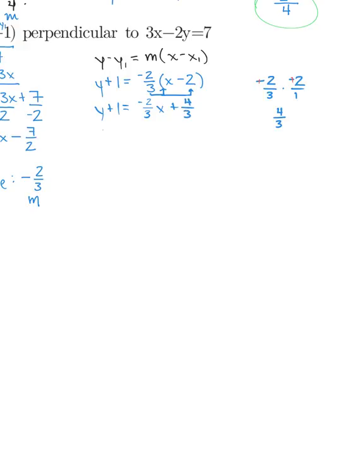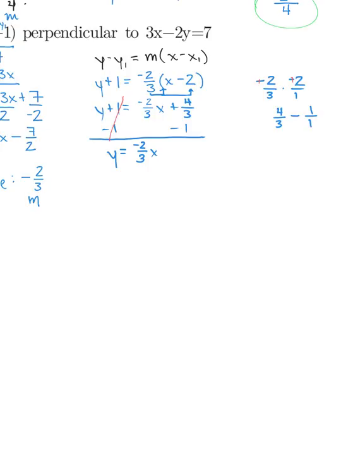And then finally, to solve for y, I want to subtract 1 from both sides. On the left, my 1's cancel, leaving me with just y equals negative 2/3 x, and now what is 4/3 minus 1? I'm going to write this as 4/3 minus 1 over 1.